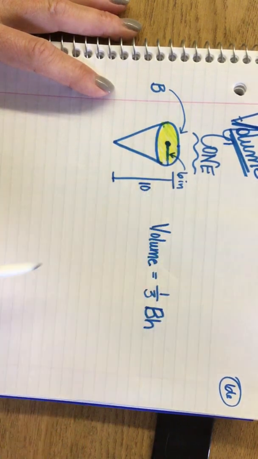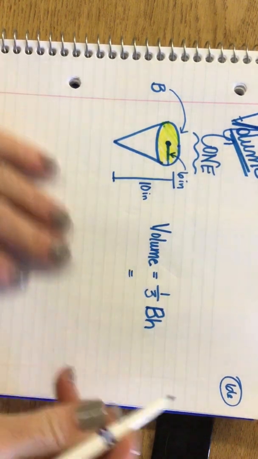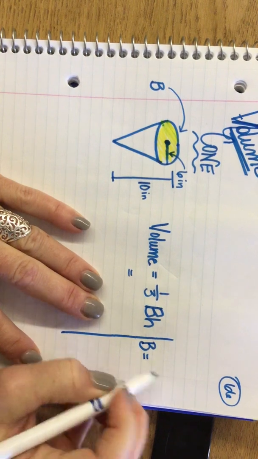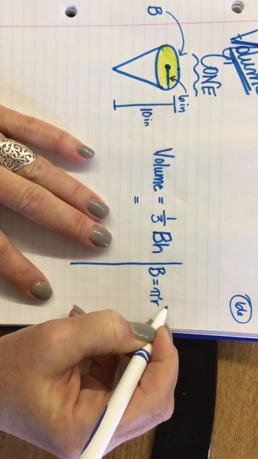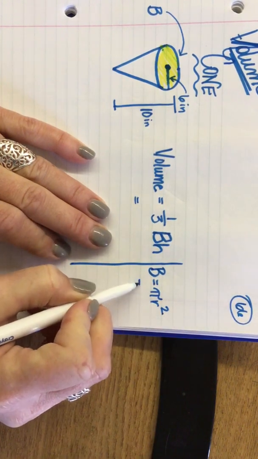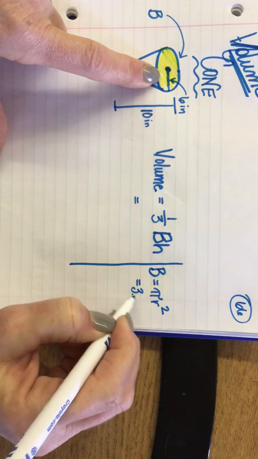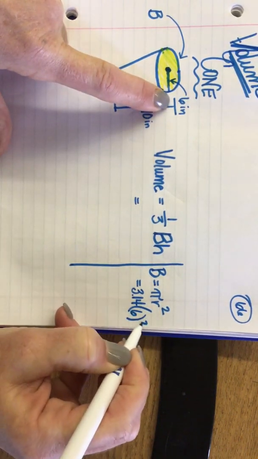Okay, so what we have, I'm going to find my base, and that equals pi, the formula for a circle, pi r squared. Pi is going to be 3.14, and then I have 6 squared.